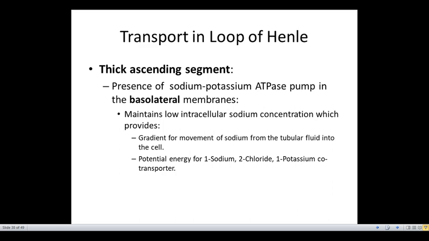Number one, it provides a gradient for movement of sodium from the renal tubular fluid into the interior of the cell. And number two, it provides potential energy for another co-transporter protein called 1 sodium 2 chloride 1 potassium co-transporter.